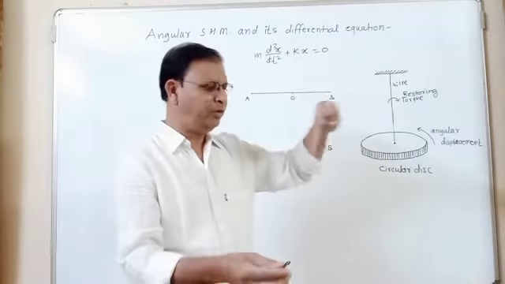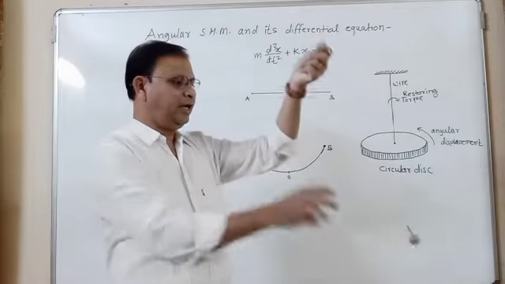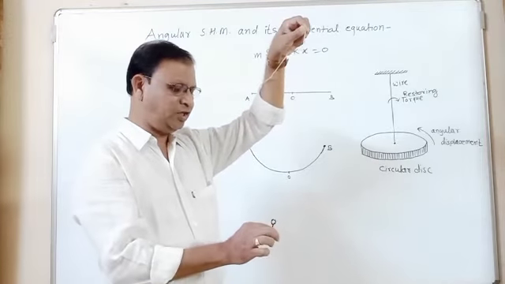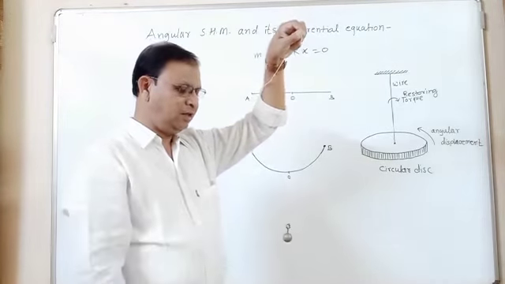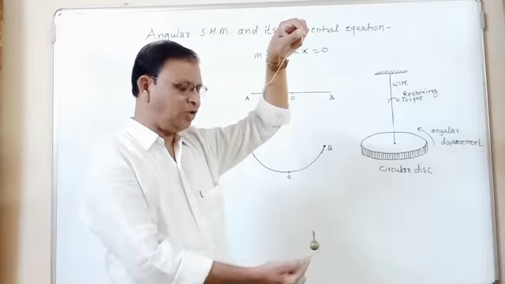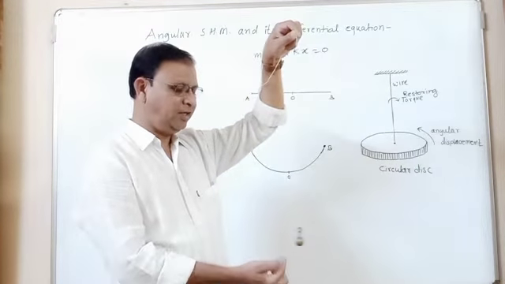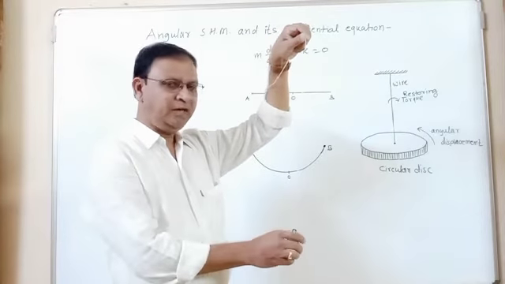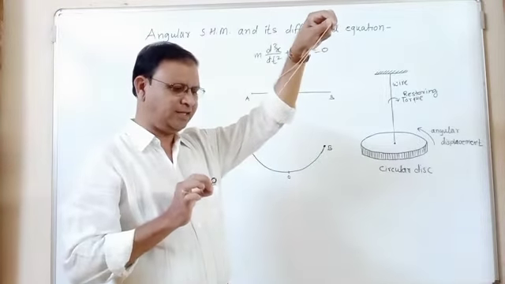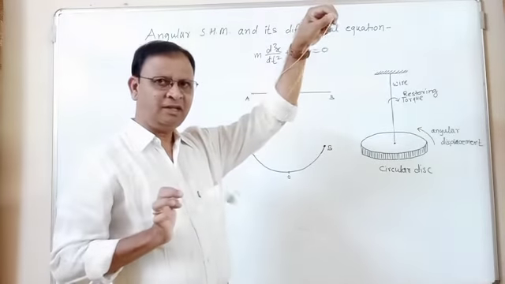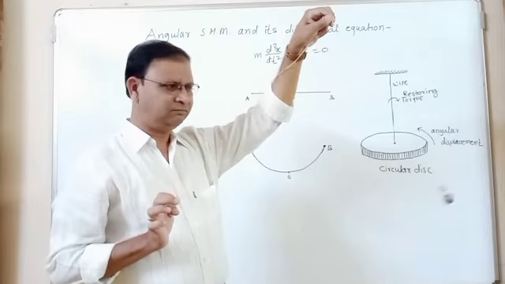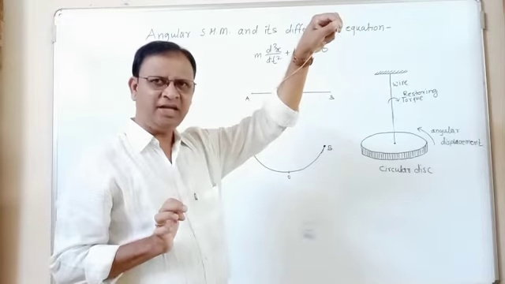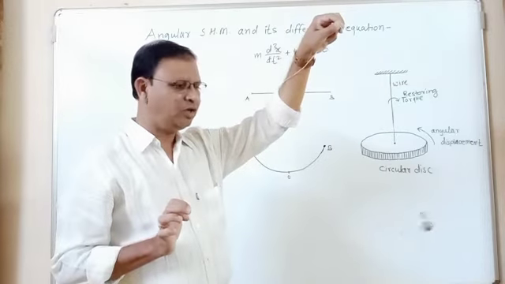If the amplitude of oscillation is very small, then we assume that the path of oscillation is a straight line. But if the amplitude increases, then the path becomes a curve, and therefore we can say that it is not linear simple harmonic motion but angular simple harmonic motion because the path becomes curved.